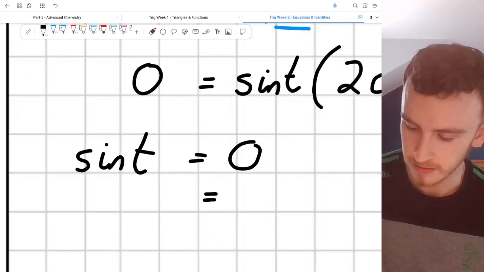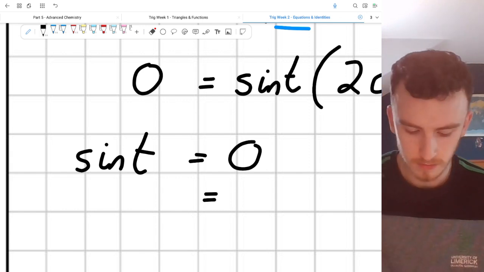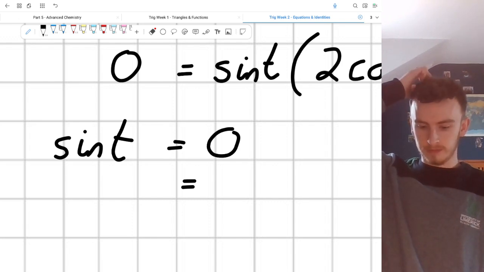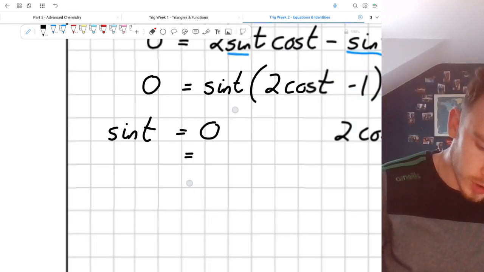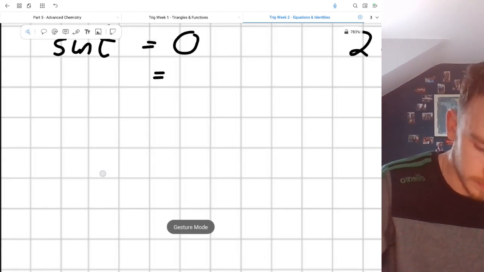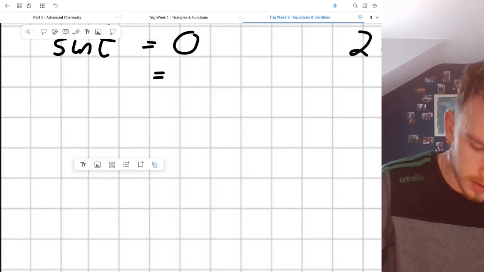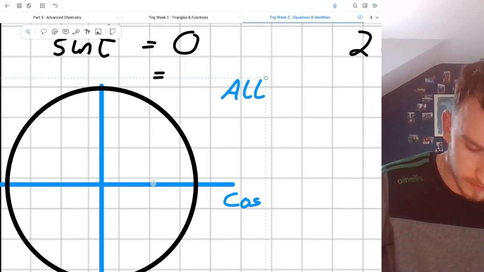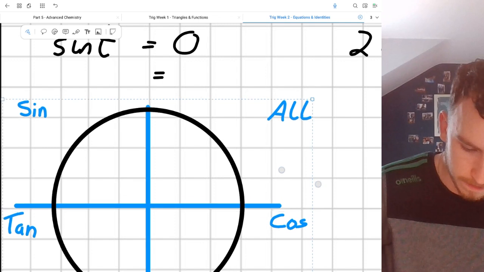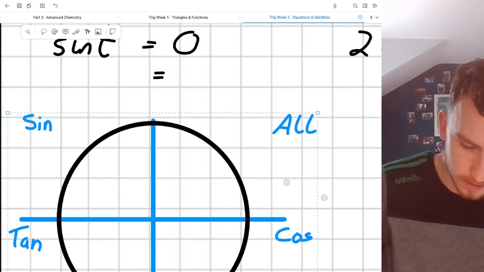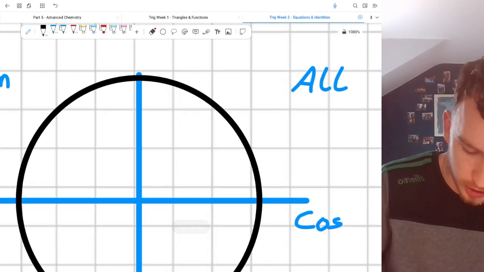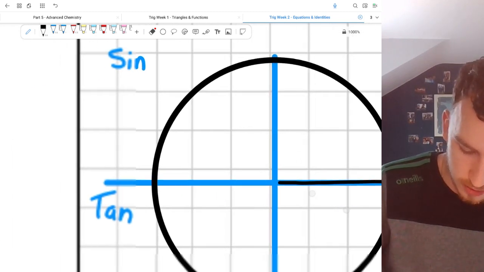So the inverse sine of 0 is 0. So when is sine equal to 0? If you imagine this now on your CAST diagram, for 0 degrees, you're going to be here, and you're also going to be here.